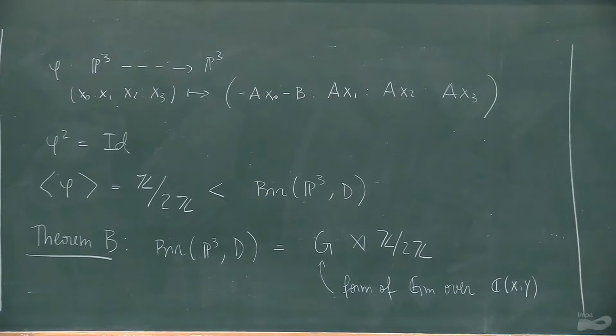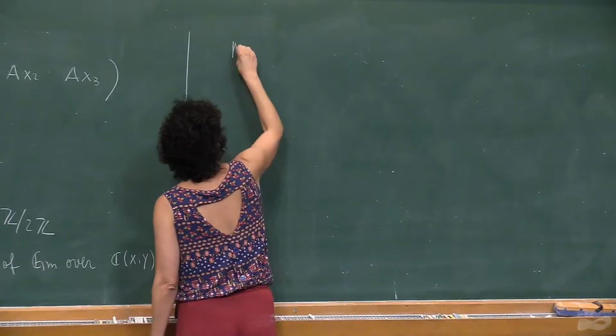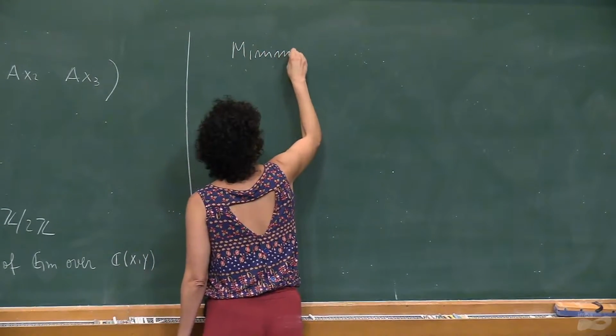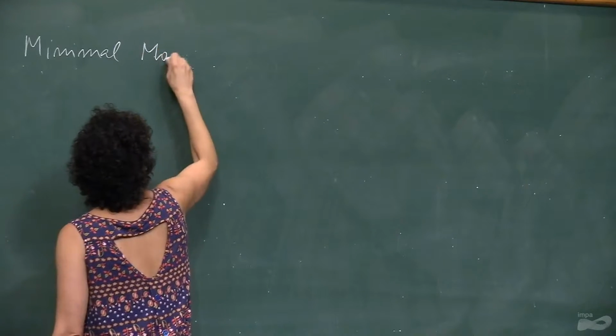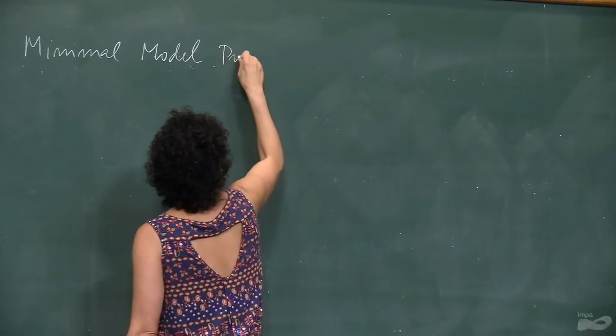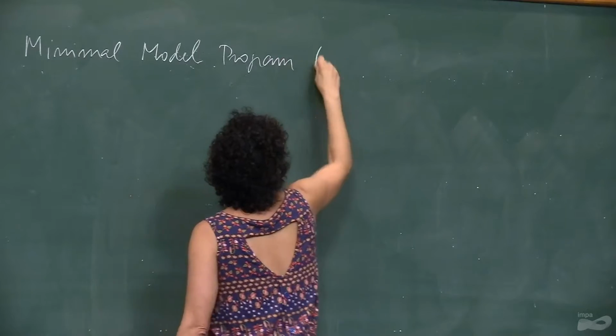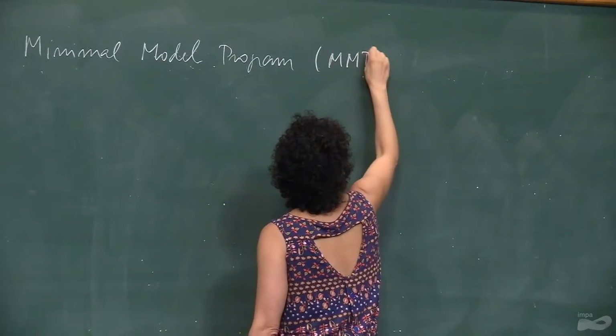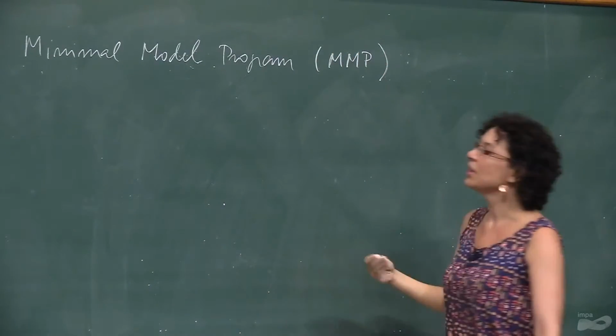Okay, so now let me tell you the tools that we use to prove these two theorems. The methods that we use actually come from the minimal model program, which we usually abbreviate by MMP. So what is the minimal model program?